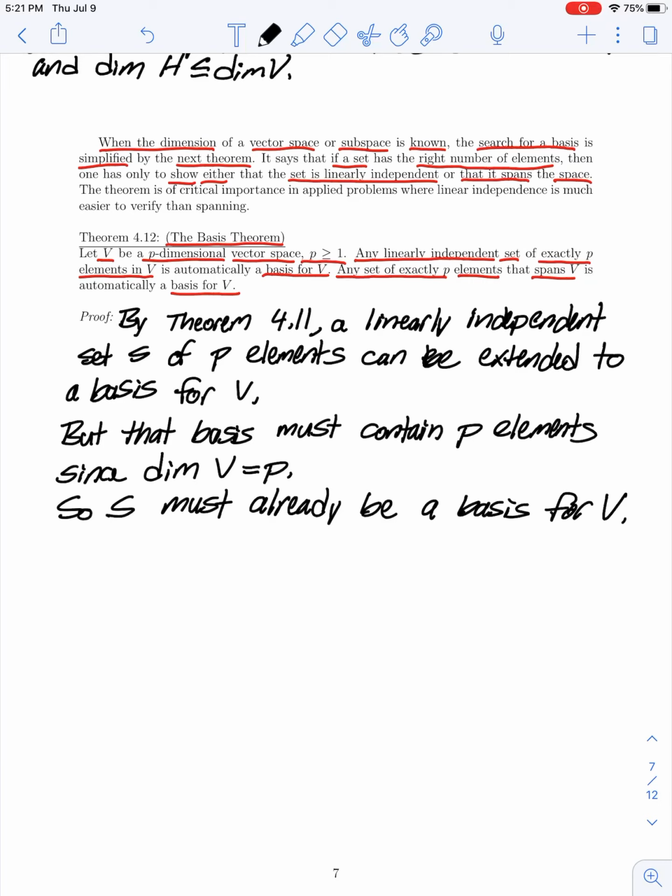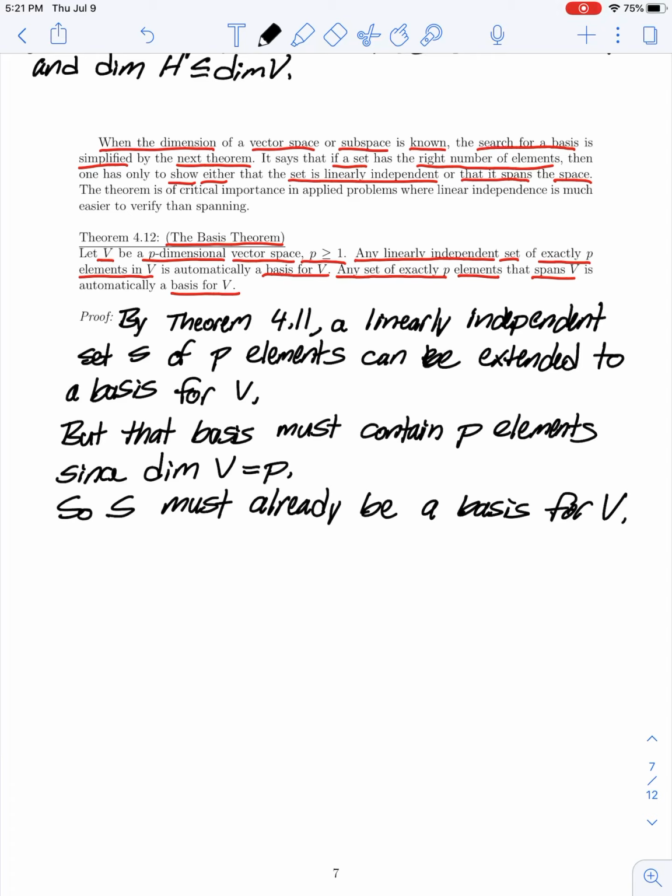It must already be a basis for our vector space. So we've shown if we have a set of p linearly independent vectors in a vector space of dimension p, then that must form a basis.